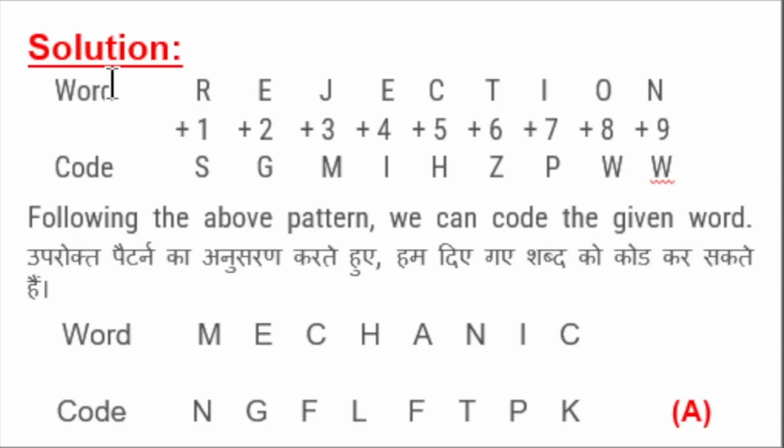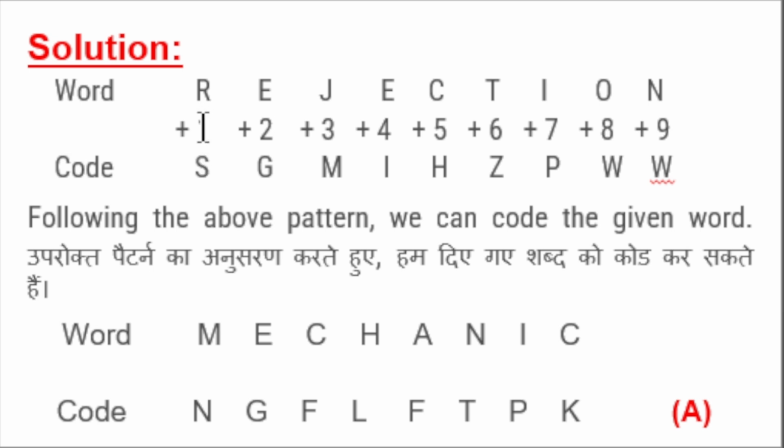So the given word is rejection and the code given is SGMIHZPWW. As we observe, S is the next letter to R. In the English alphabet, S comes after R, just the next letter.